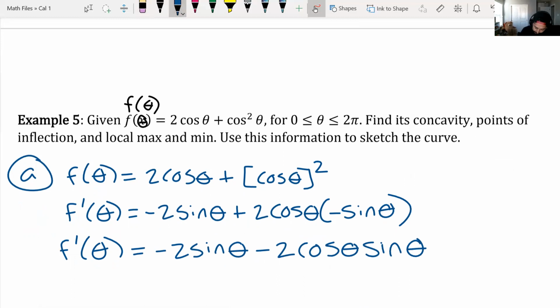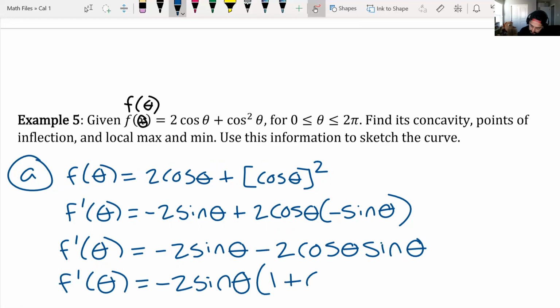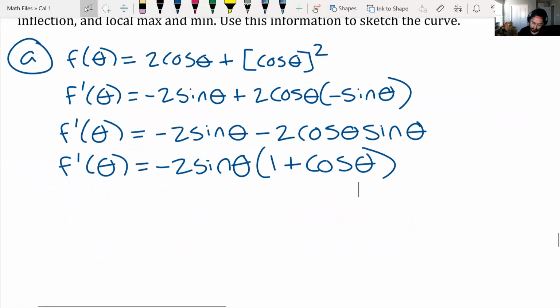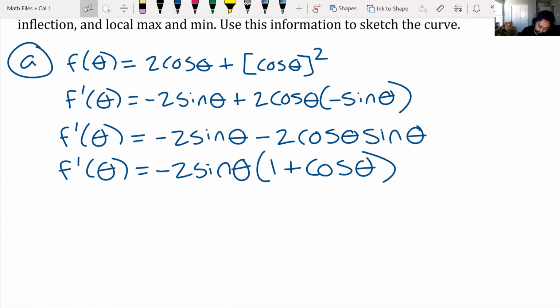Clean it up. F prime theta is negative 2 sine theta times 1 plus cosine theta. All right.